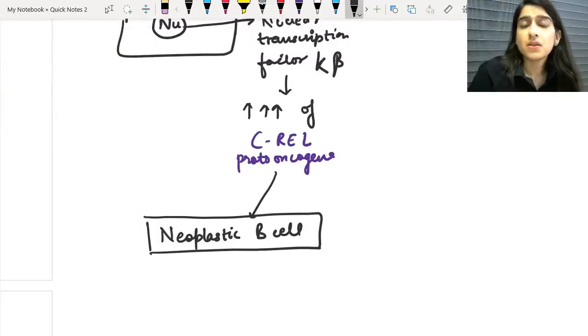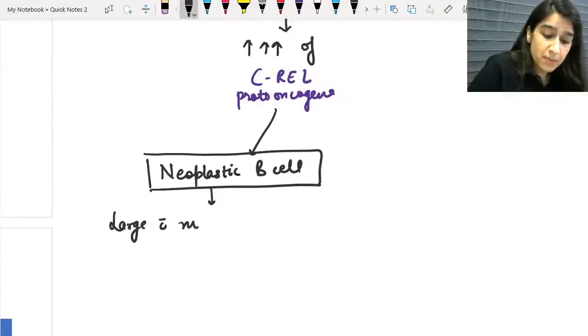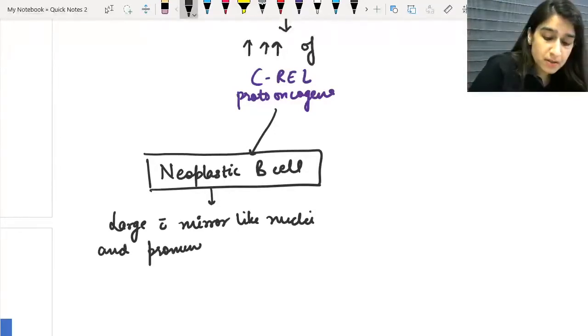Now this neoplastic B cell has a characteristic appearance. What is that characteristic appearance? These neoplastic B cells are large with mirror-image nuclei and prominent eosinophilic nucleoli.